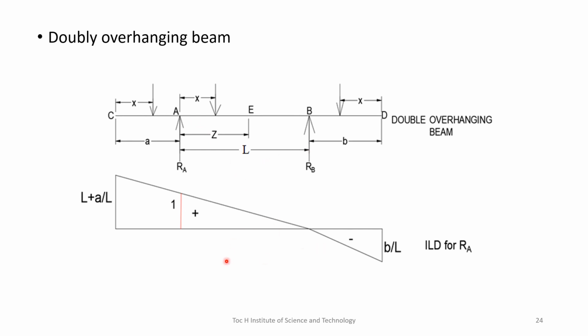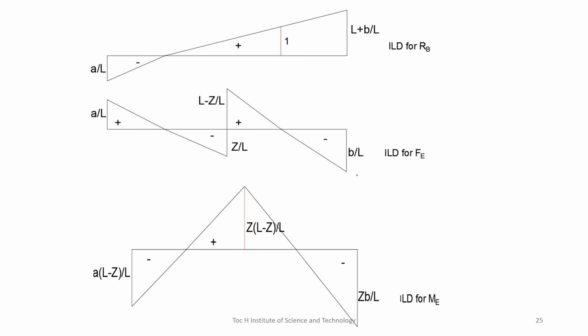Now this is the influence line diagram for reaction RA, and this is for reaction RB, this is for shear force at E, and this one is for bending moment at E.